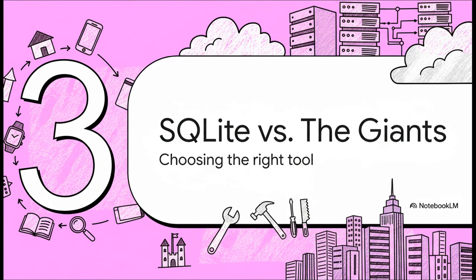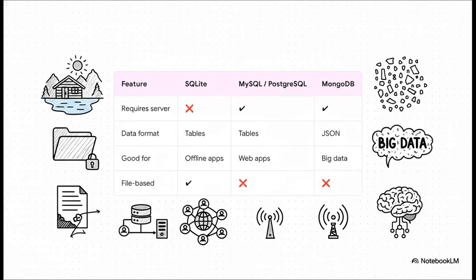Okay, so you might be thinking, if SQLite is this amazing, why doesn't it just run everything? Why do we even still have these giants like MySQL or MongoDB? Well, it all comes down to a classic rule, choosing the right tool for the right job. This table really makes that distinction crystal clear. See, SQLite is the undisputed champion of the local offline world because it's file-based and needs no server.